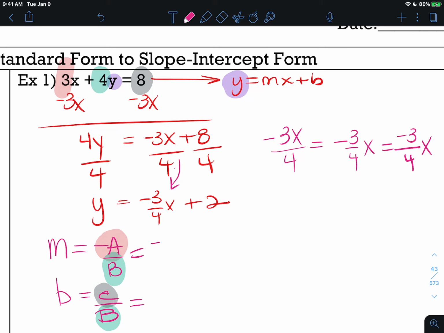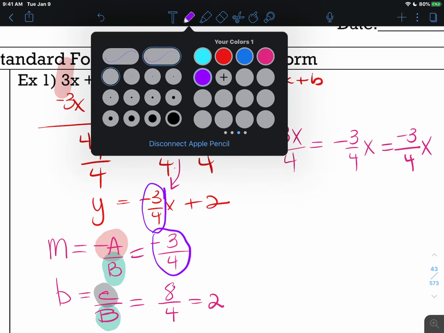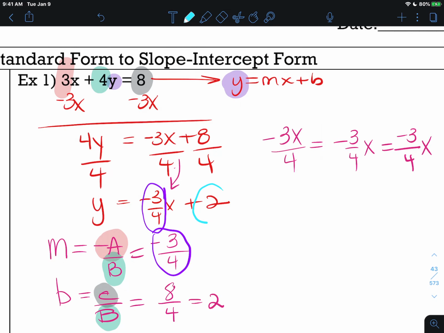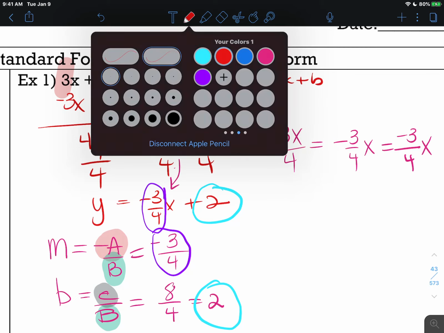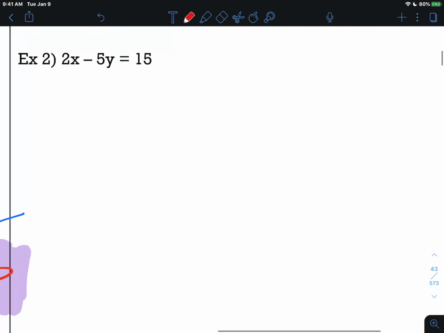First, I start by putting the negative A over B. C over B. Notice exactly the same. I only did that to verify my work, okay?